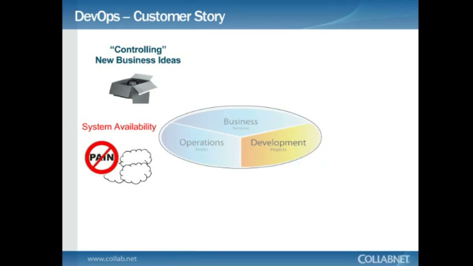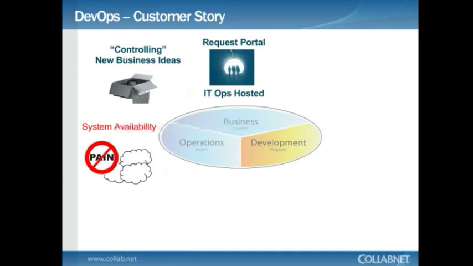And so what they did is they controlled the number of conversations that were allowed by putting together a request portal for new services or new projects to be taken underway. Again, this portal was hosted not by the business analyst, but in this case is hosted by IT Ops.